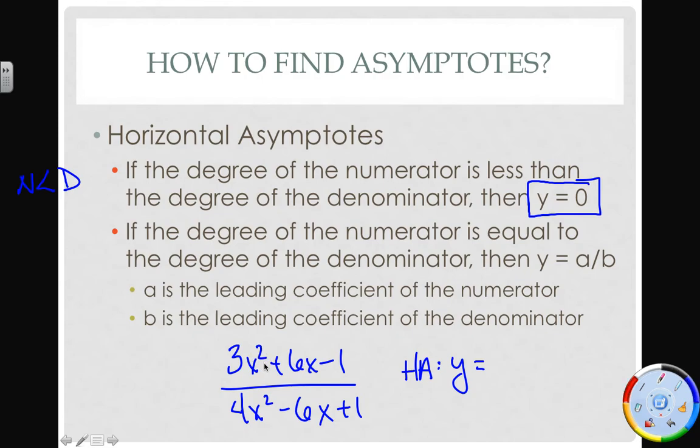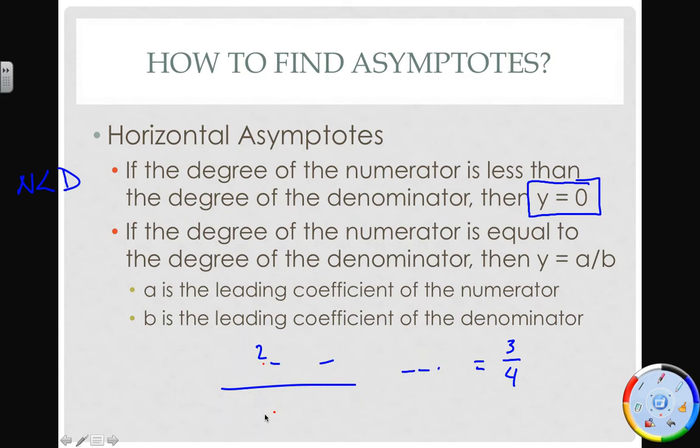My degrees are the same. They're both 2, which means it's simply this fraction of 3 over 4. It is as easy as that. That's the horizontal asymptote. But you got to remember that only is for the degrees being equal.